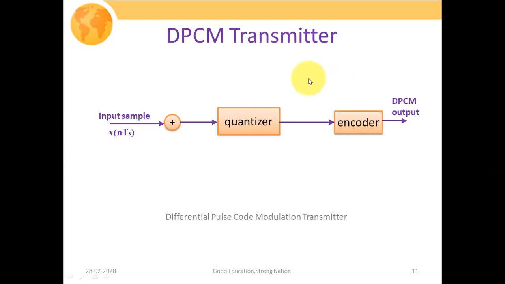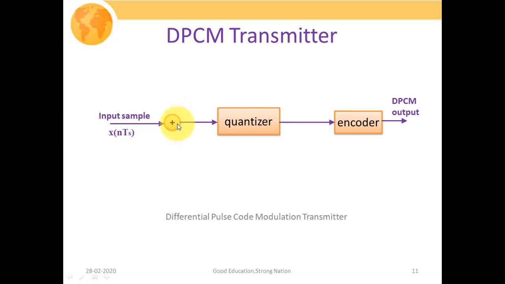So in the DPCM transmitter, initially we have the input sample value. The time varying signal x(t) gets sampled and we get some sampled output as x(nTs). Then after that, there is a summer. The function of this summer will be explained after some moments.